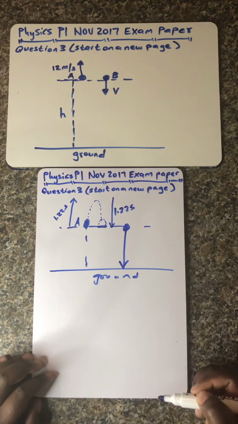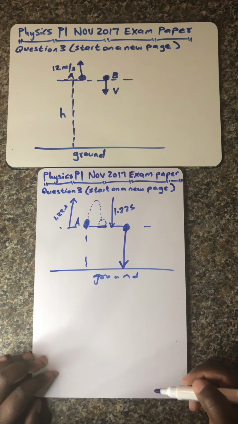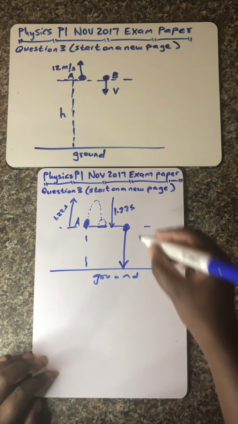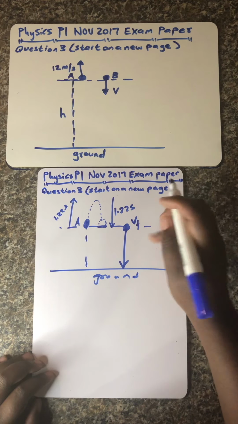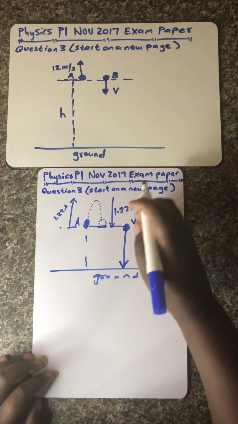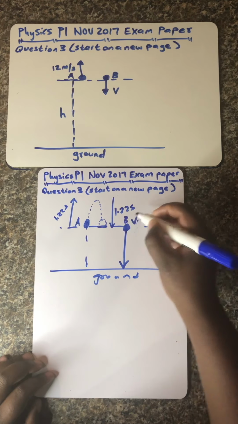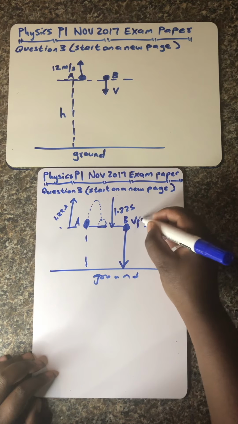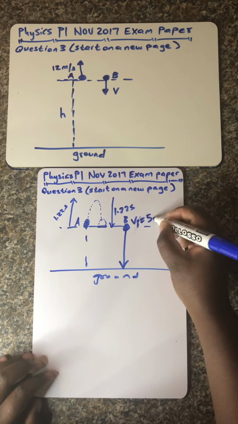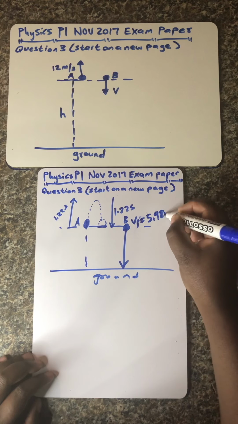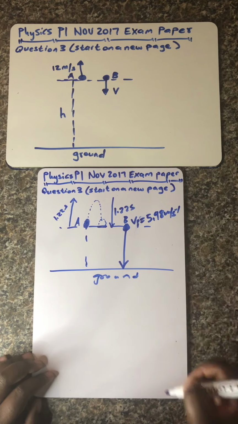Remember from the previous question, they just said it was thrown vertically downwards. And also, we know something about this V of object B. Its velocity, we just calculated it from the previous question. Its initial velocity is 5.98 meters per second.